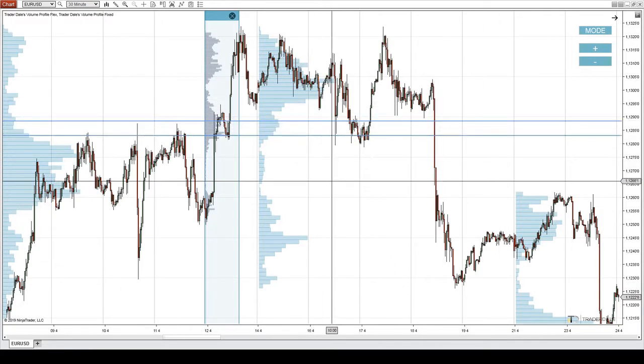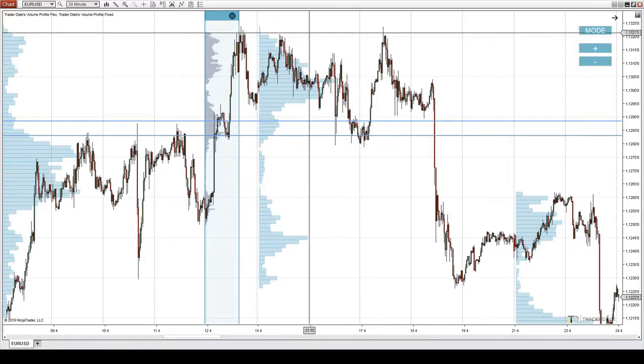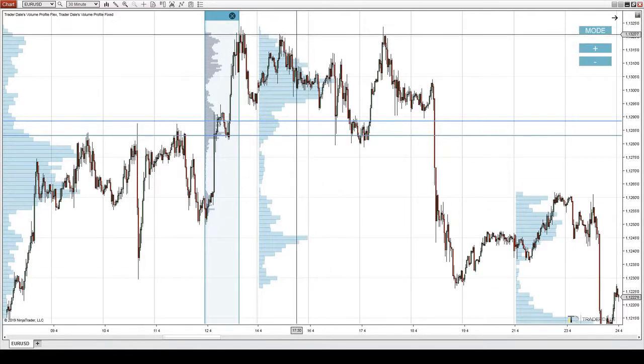Now there's a little trick you can do when you are not sure whether to pick this one or this one. It's not always possible, but when there is another confirmation, you can just decide based on that confirmation. In this case, I see that there is an ABCD setup starting in here.